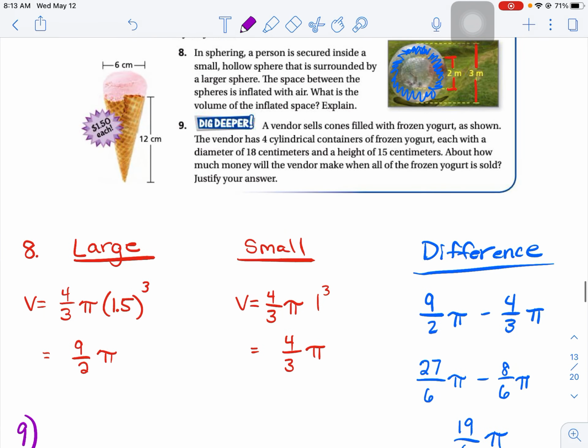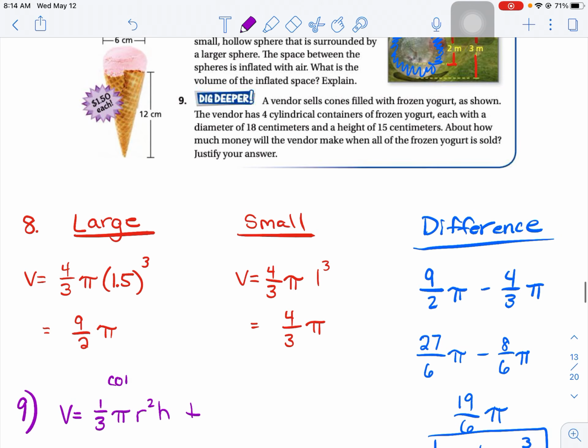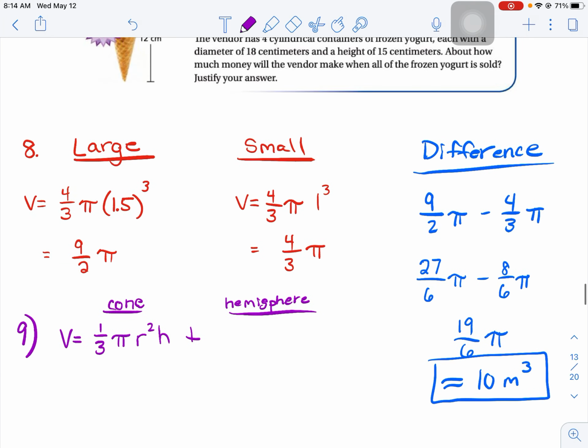We have a cone, whose volume is 1/3 pi r squared h, and then a hemisphere, which we learned before is 2/3 pi r cubed.